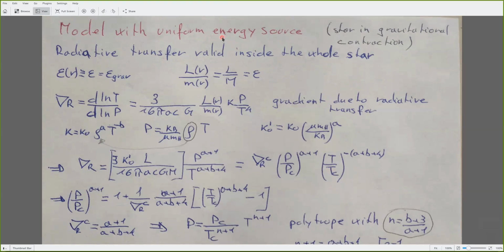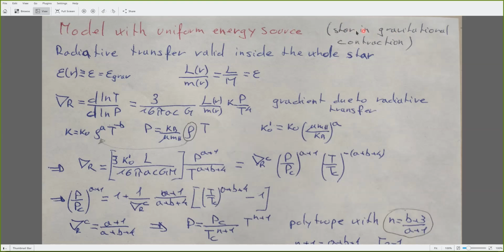That means that it cannot be nuclear reaction. But a classical example is a star in gravitational contraction. When a star is forming, you have energy loss due to the contraction, but this energy loss is uniform inside the star, not that just one part is losing energy by contraction and the other not.